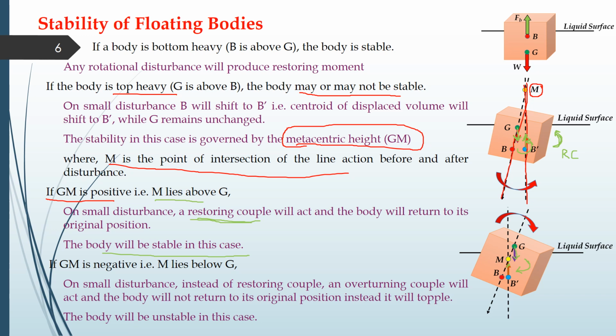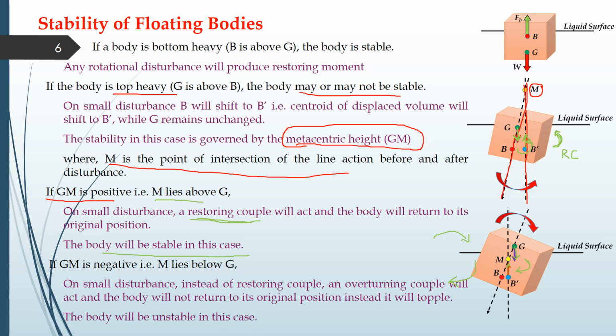Since the body has been disturbed towards this direction, and the couple is also acting in the clockwise direction, on a small disturbance a further disturbance will come due to this couple, and the body will overturn.